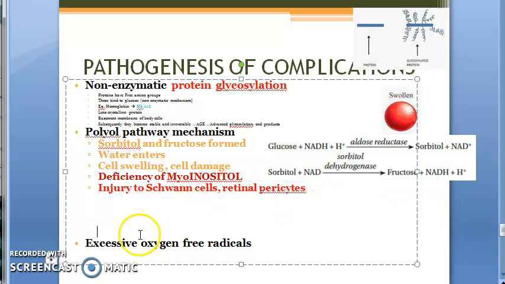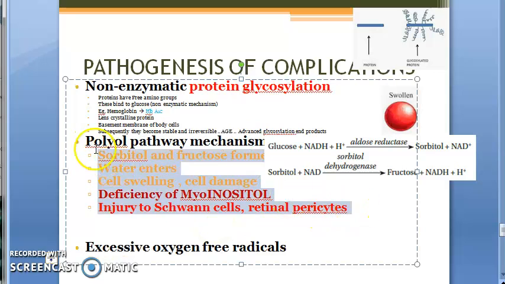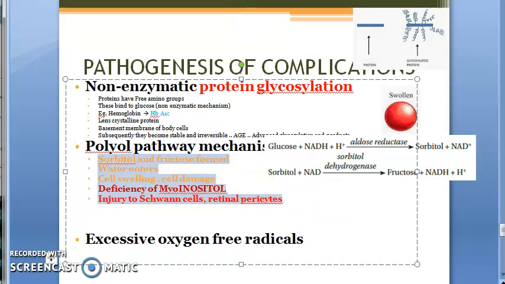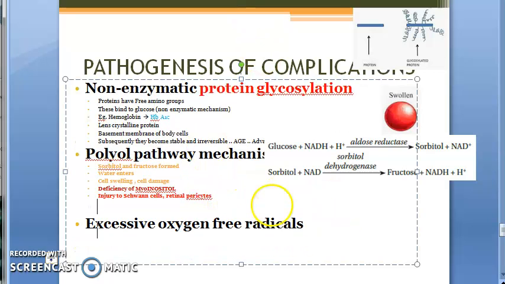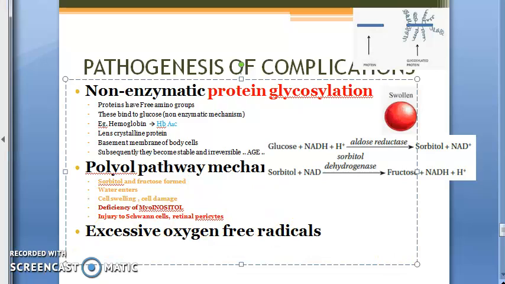Let's move on to the last one, excessive oxygen-free radicals. What do you mean by excessive oxygen-free radicals? In hyperglycemia, there is increased production of reactive oxygen free radicals. There will be mitochondrial oxidative phosphorylation and there will be oxygen-free radicals.